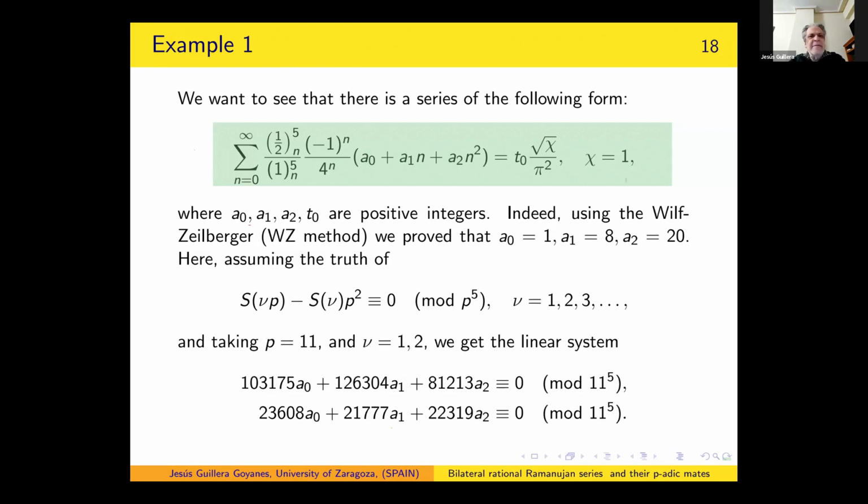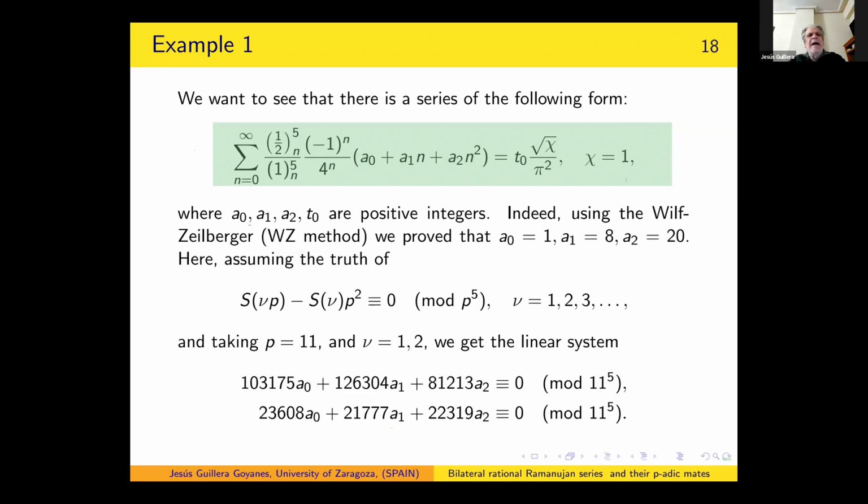But here, examining the truth of the generalized Zudilin conjecture, we have this kind of congruences, modulo P to the 5, and for all the values of n, the congruences are of the same modulus.